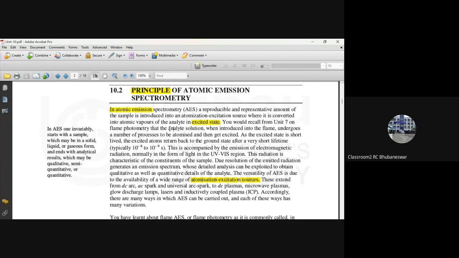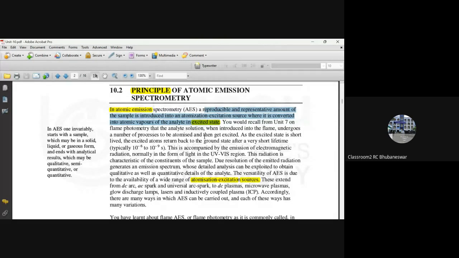But here, we are converting the solution phase of elements into atomic species, means atomization is done in the vapor phase, then we study it further. So in atomic emission spectroscopy, AES, a reproducible and representative amount of the sample is introduced into an atomization excitation source, where it is converted into atomic vapors of the analyte in the excited state.